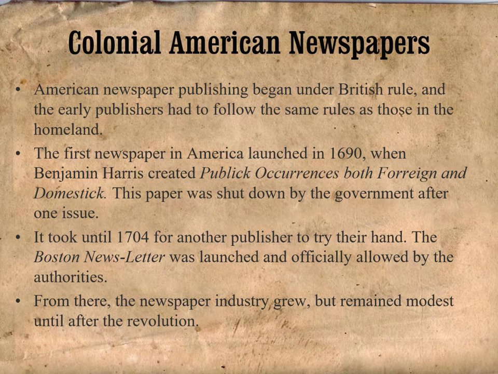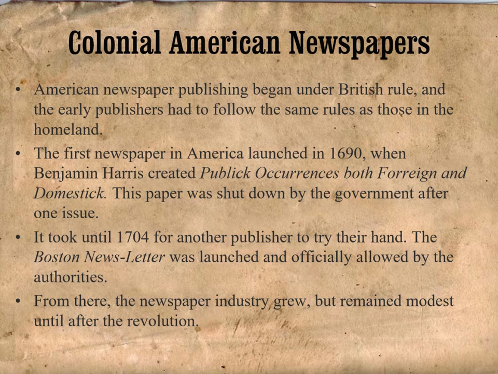In the American colonies, the publishing of newspapers began in 1690 with a paper called Public Occurrences, both foreign and domestic, which was shut down by the government after its first issue because they were not following the line. The British were enforcing the exact same taxation and censorship requirements that they would have at home.